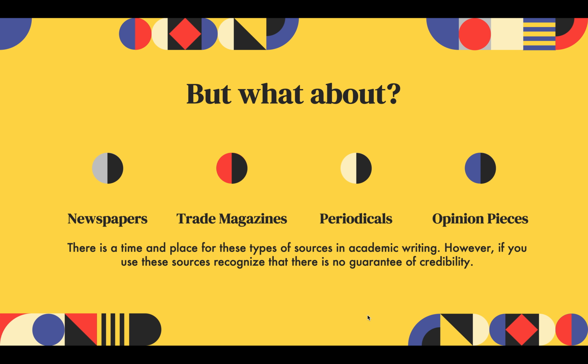But if I use a newspaper, trade magazine, periodical, or opinion piece, I go into it always with the understanding that there is no guarantee of credibility. When something is peer reviewed, it means if it's written by a doctor, other doctors looked at it and signed off on it and said, yes, this is kind of the general consensus in the doctor world. Newspapers are not like that.